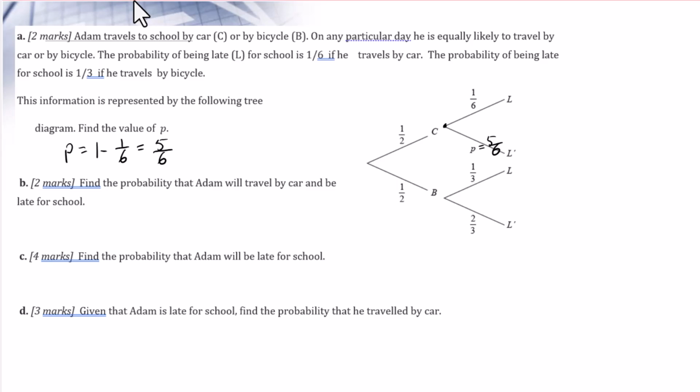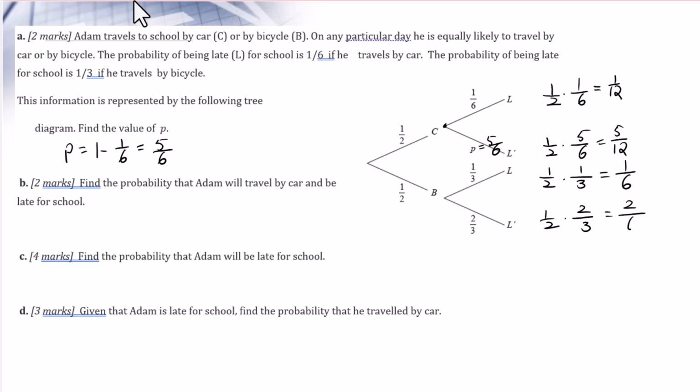For a tree diagram, you need to multiply the probabilities along the branches. 1/2 times 1/6 equals 1/12. 1/2 times 5/6 equals 5/12. 1/2 times 1/3 equals 1/6. 1/2 times 2/3 equals 2/6.